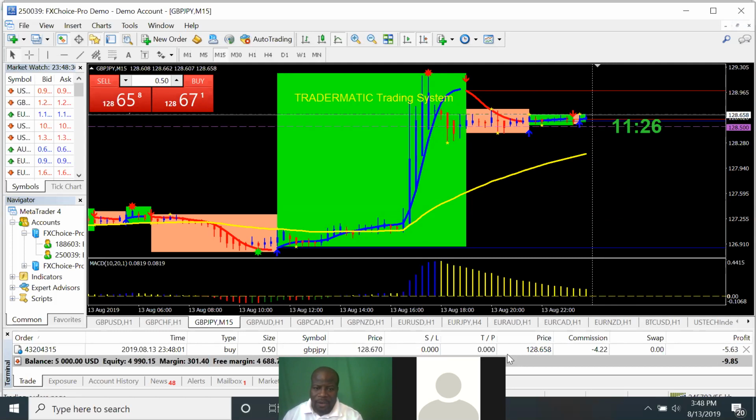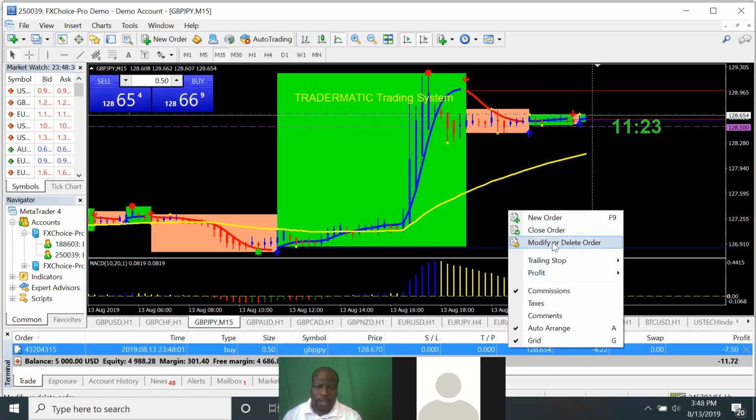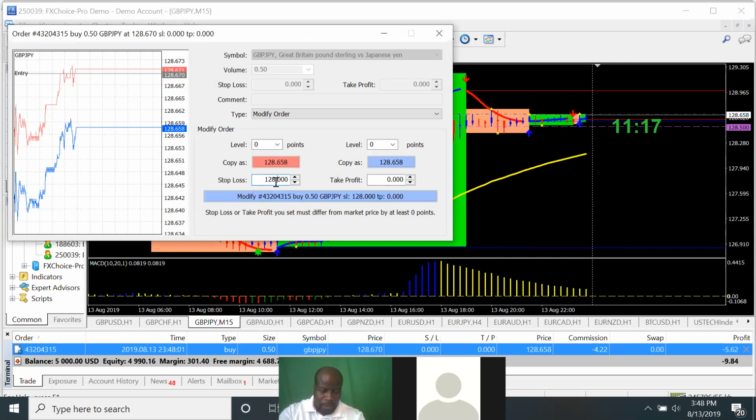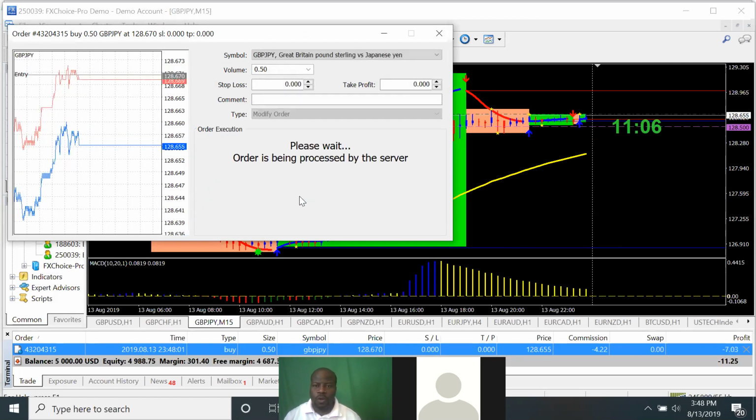So I will right click on this and click on modify. This is where I will put my stop loss, 128.326, and the take profit, 129.220. So let's see what's going to happen.